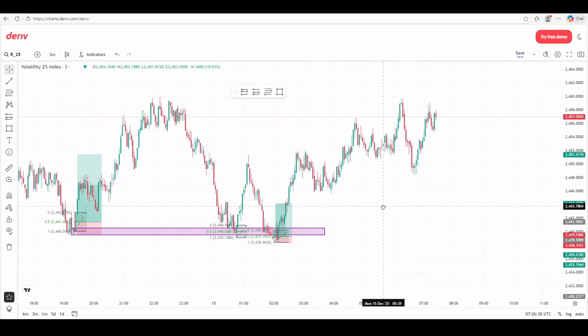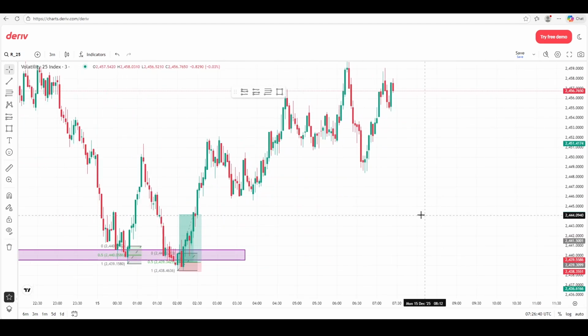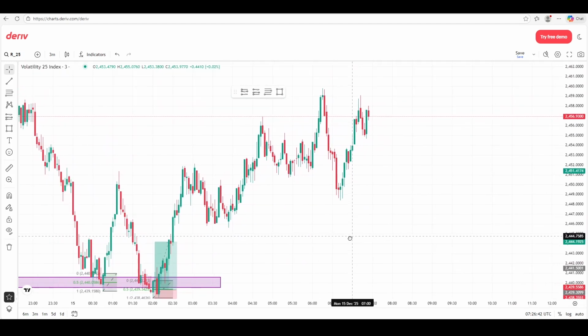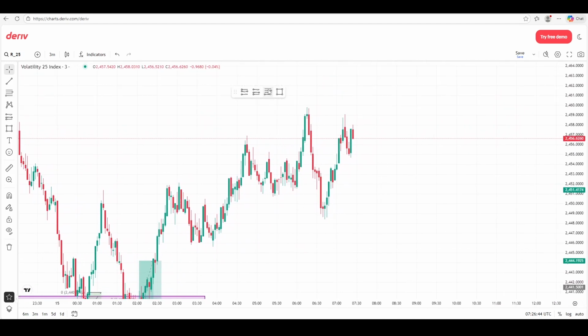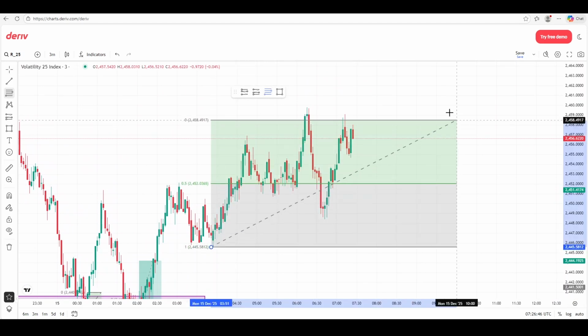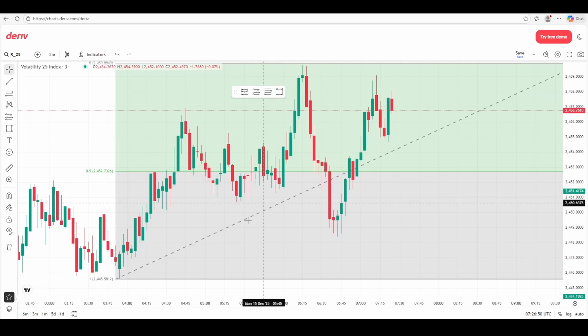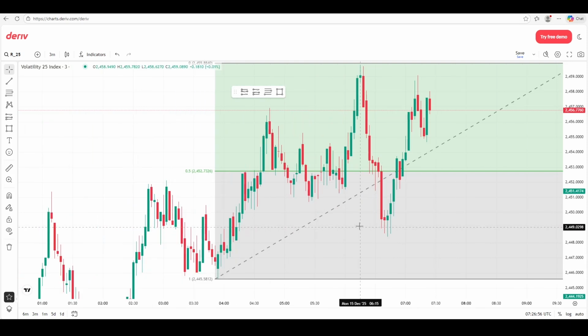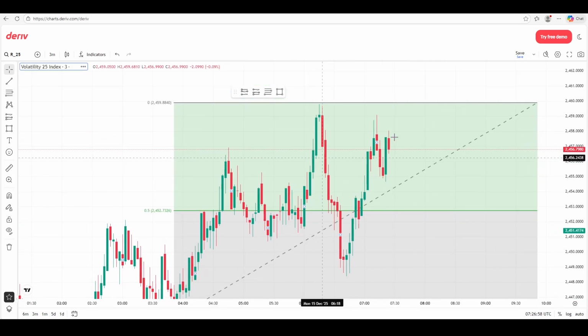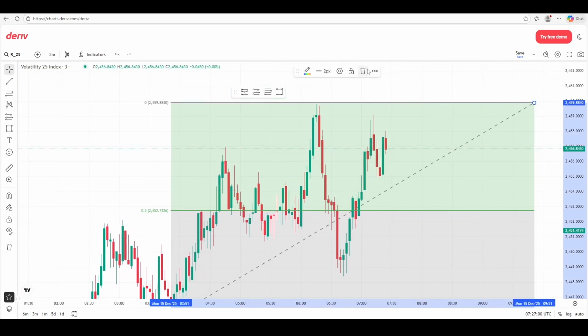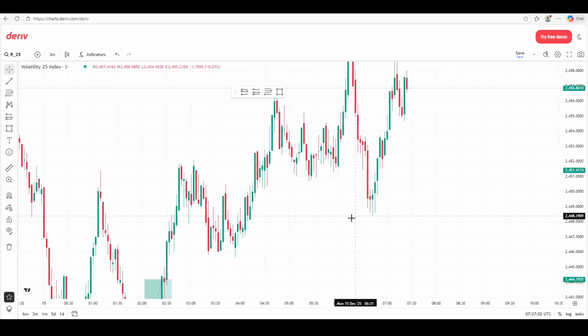There's no other significant setup here. In this range we have price coming to this point and giving us this, which is not a good setup, so I'll leave it. It is an engulfing candle, but it is not clear enough.